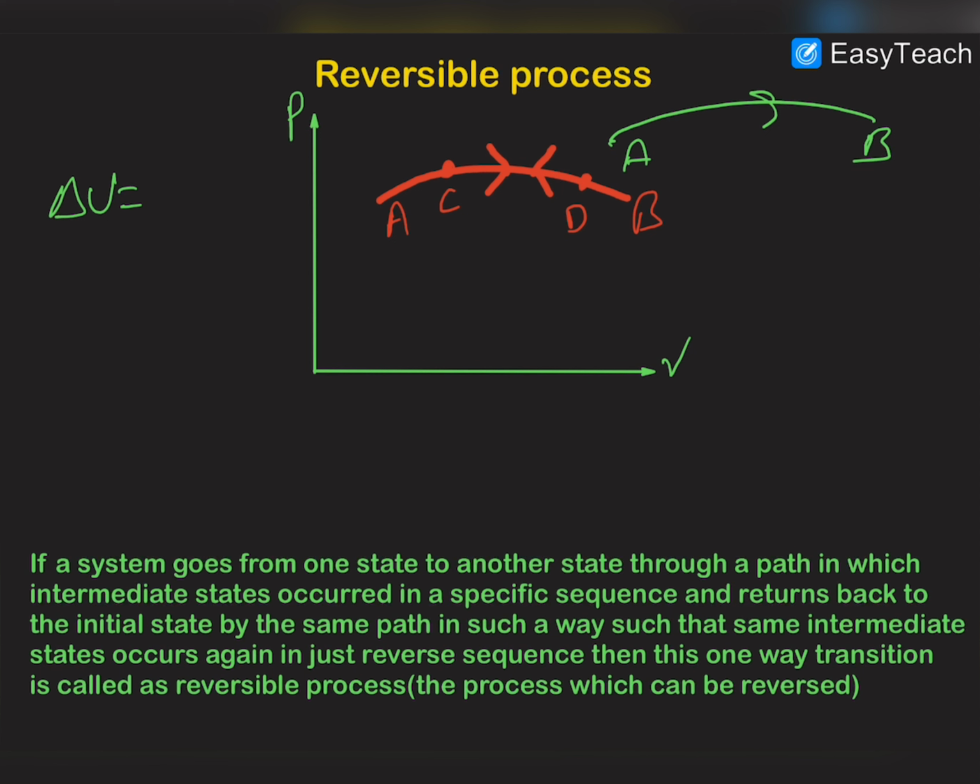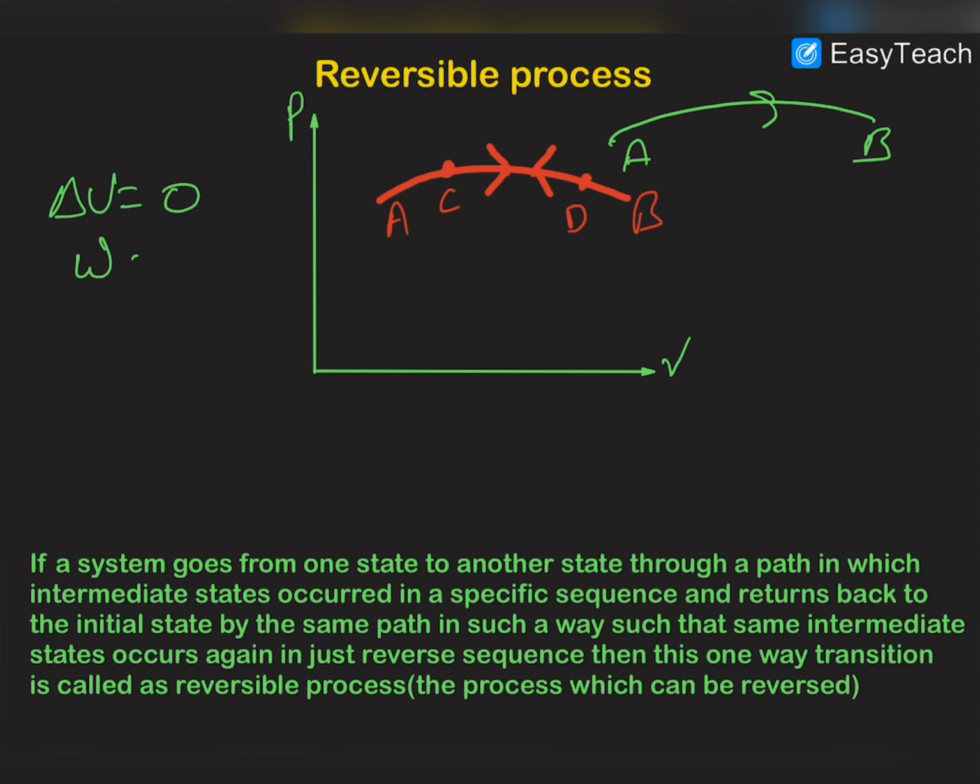So if a gas is moving from A to B and it is moving very slowly, therefore we can say it can be reversed, and process AB is a reversible process. But I am talking about the complete process which is being reversed. So delta U in this process is 0 if gas comes back to the initial state.